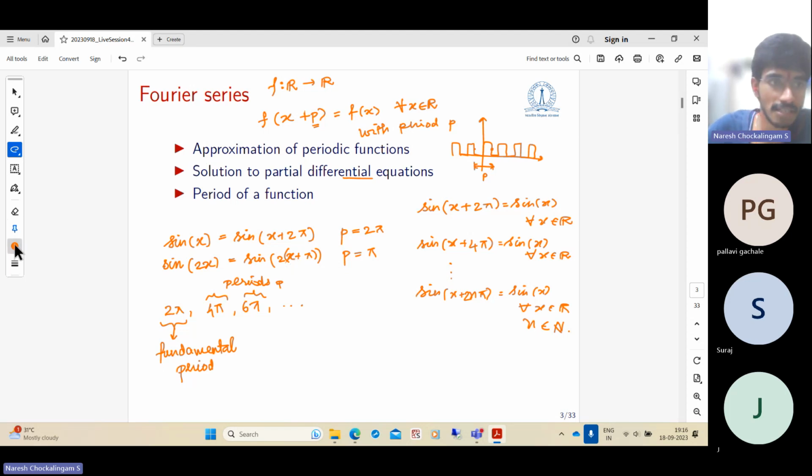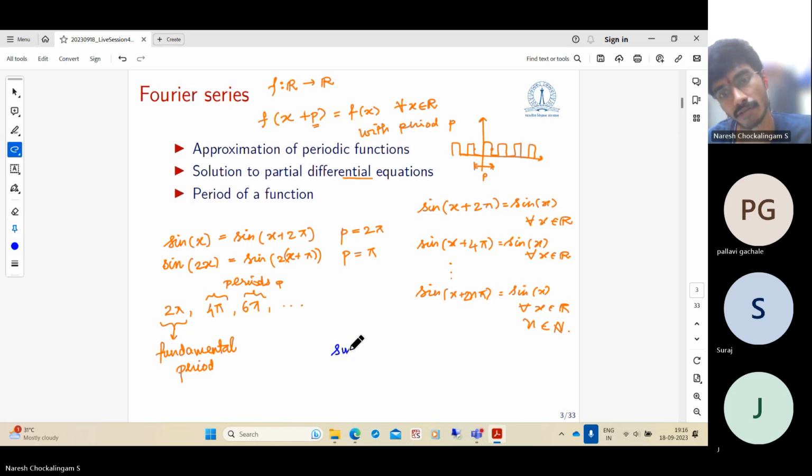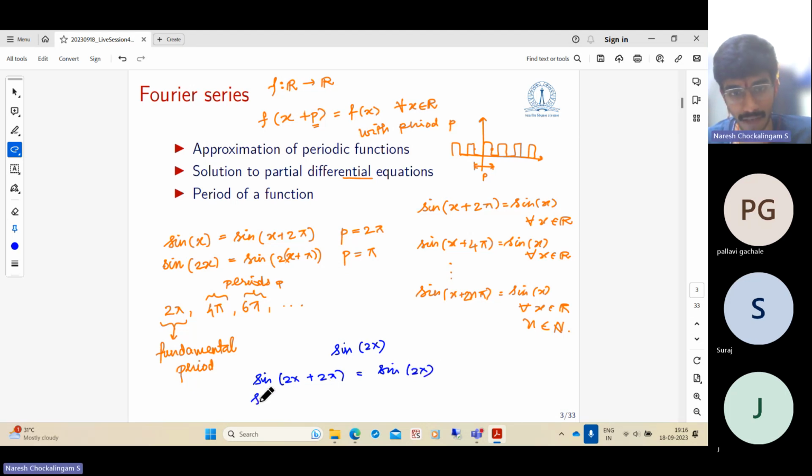Now let us take the function sine 2x. We know that sine 2x plus 2 pi is equal to sine 2x. But what is sine of 2 into x plus pi? It is also sine 2x.